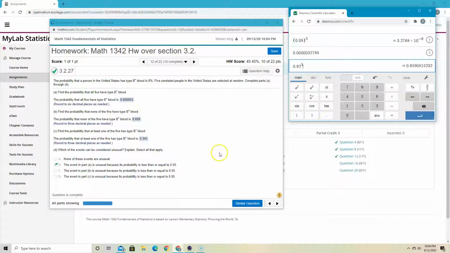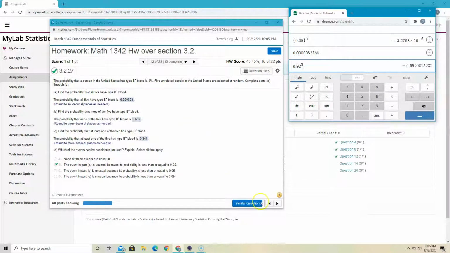If you got by chance equal to 0.05, then that is also going to be considered unusual. If it's the probability value we compute, if we get equal to 0.05 or anything smaller, we can statistically say it's an unusual event.